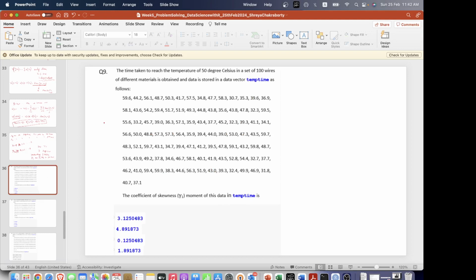All right. So here again we have been given data, and we have been asked to get the coefficient of skewness gamma 1 of this data.